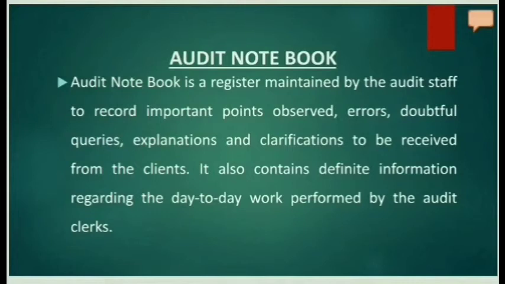In the general information, you can see the nature of the business, names of the principal officers, other powers, duties and responsibilities, list of books maintained by the clients, and extracts of correspondence with statutory authorities.